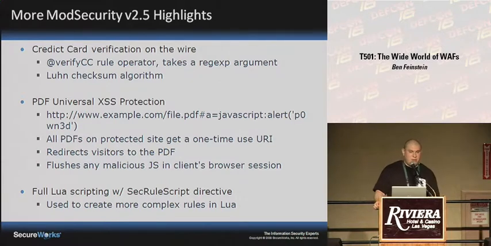I think it was last year, there was a pretty bad vuln in PDF where you could execute arbitrary JavaScript off of any PDF file hosted on your website using the pound tag operator. This was pretty bad. So what ModSecurity can do is protect all PDFs on your site by generating one-time use random URIs. It will redirect visitors from that URI to the PDF file, and it will defang and flush any malicious JavaScript in your browser when it gets back. That's a pretty interesting feature.